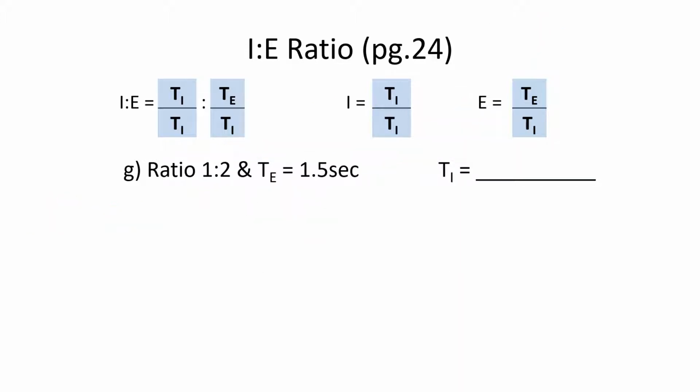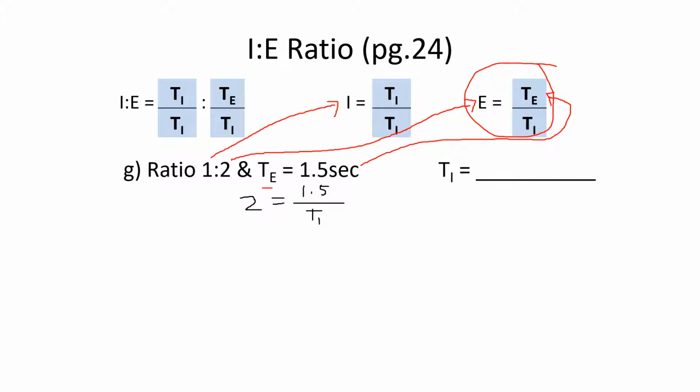All right, so let's do G. This time we need to find TI. So plug in everything that is given in that equation. This time we got 2 for the E number, 1.5 divided by TI. So how do you solve for inspiration time? Multiply both sides by TI, then divide both sides by 2.